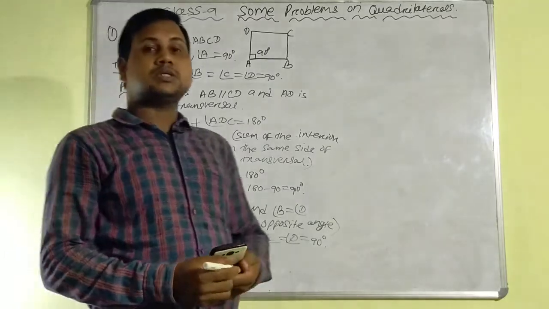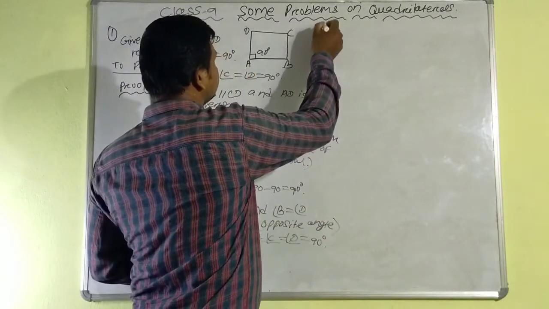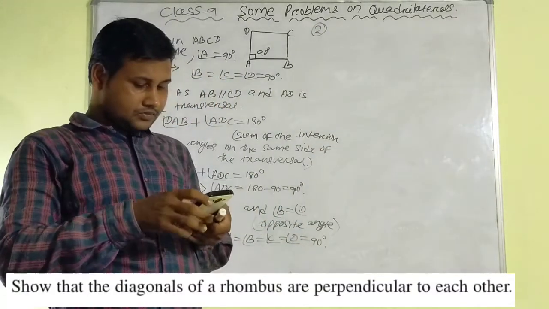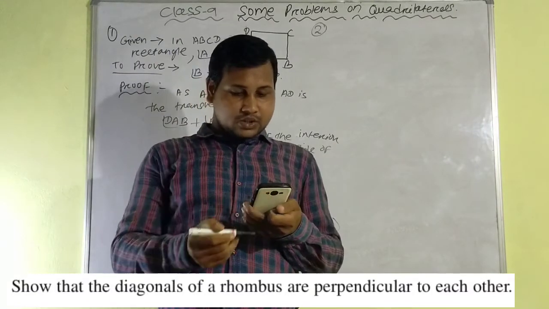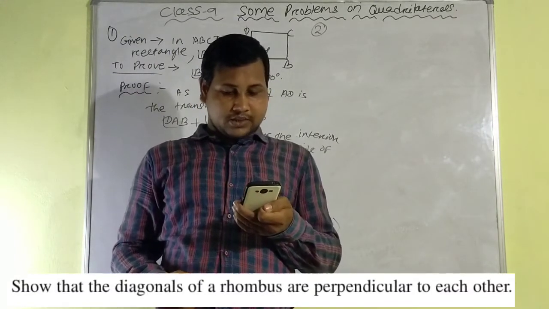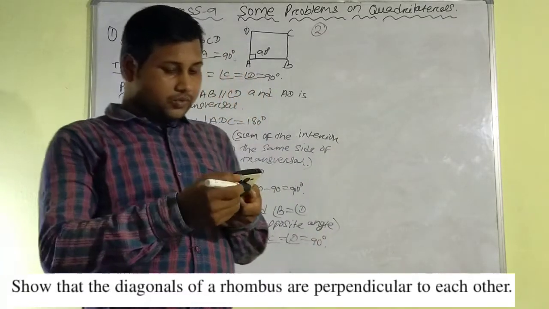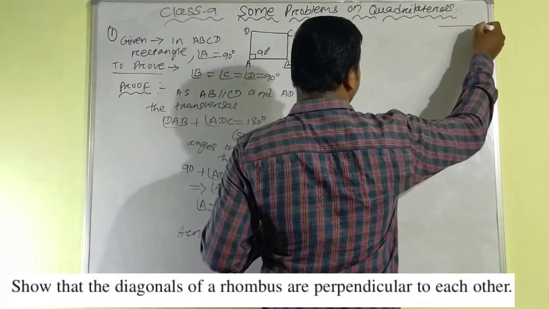Now we will discuss the next question, that is question number 2. Dear student, it's given here that the diagonals of a rhombus are perpendicular to each other. So we'll take a diagram of a rhombus.